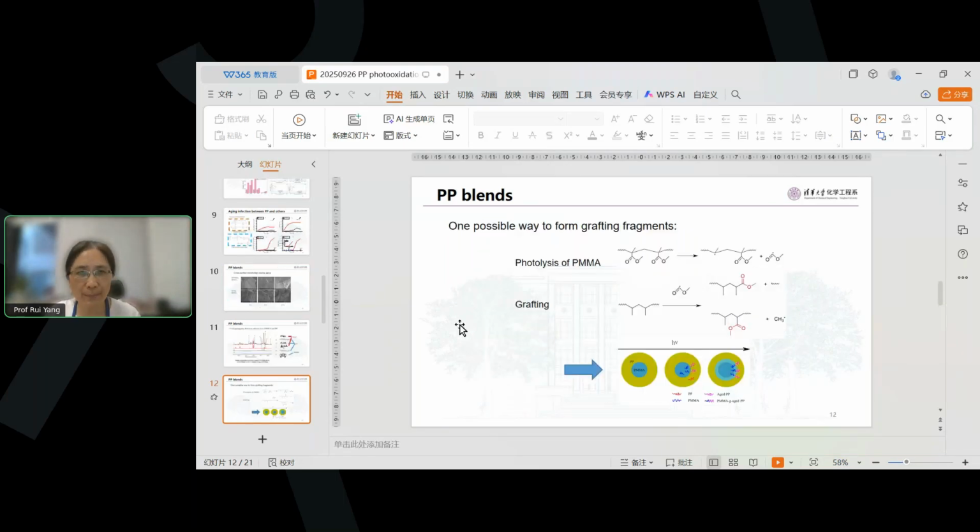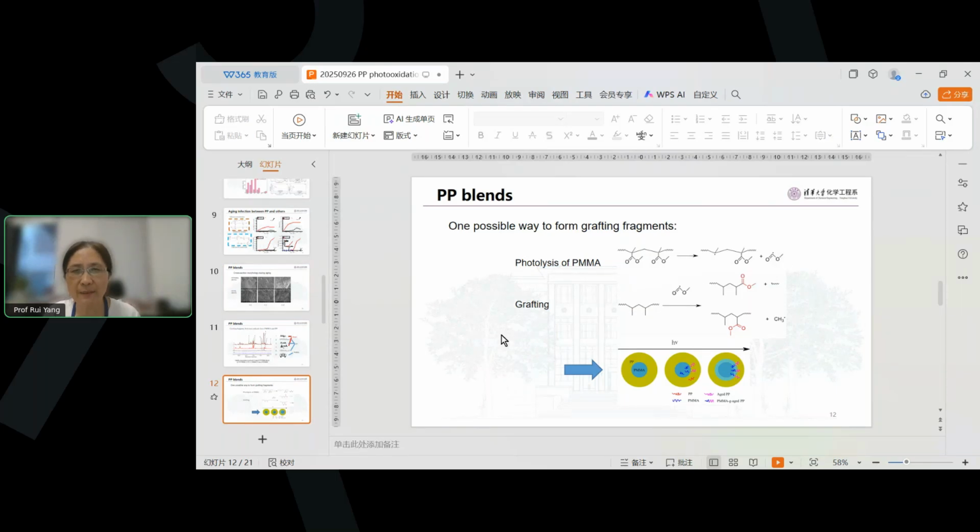So we propose one possible way of these new products. During photo-oxidation, the PMMA itself is easy to be photolyzed to the MMA radical.